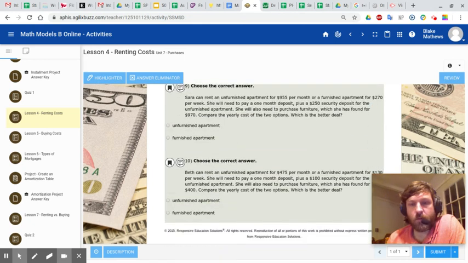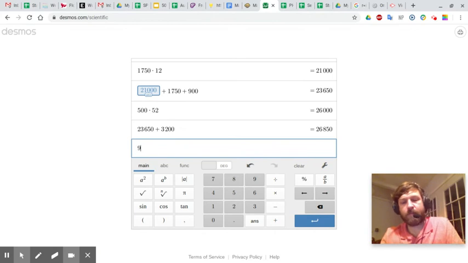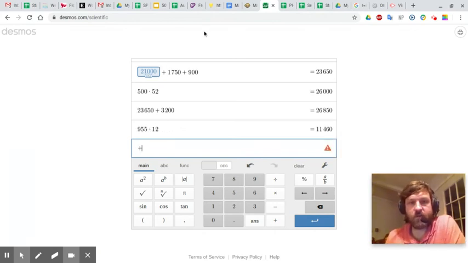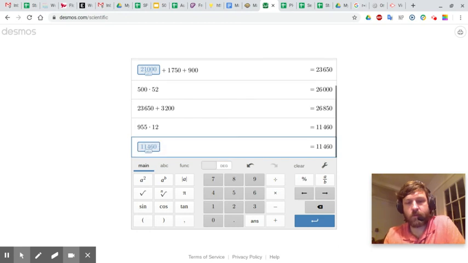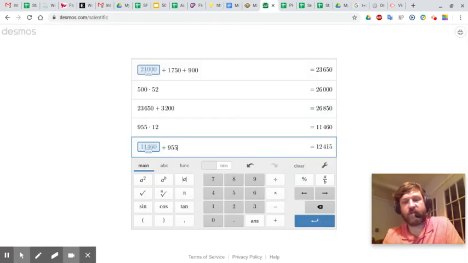Let's do one more. Looking at number 9. Sarah can rent an unfurnished apartment for $955 per month or a furnished apartment for $270 per week. She'll need to pay 1 month plus $250 and purchase furniture. So let's do it. $955 per month times 12, plus 1 month, so that's $955.